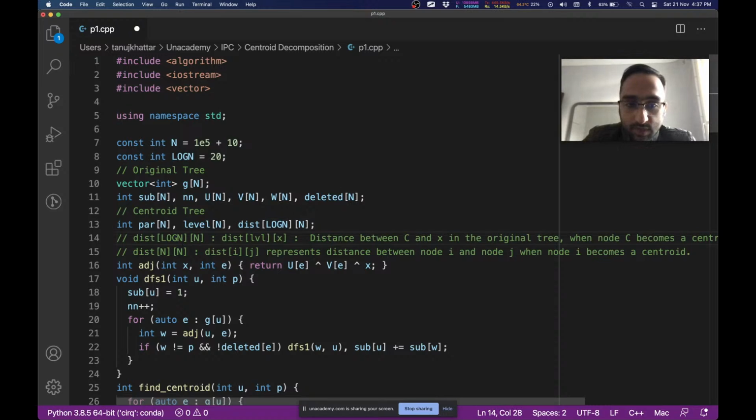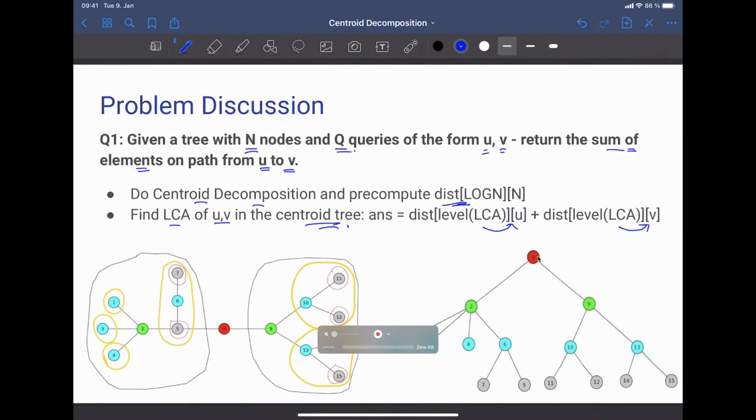Basically whenever a node becomes a centroid, it has some level in the centroid tree, and we know that any node x can be at any level only in one of the different components. If you look at this image, you see that at level 1 there are two centroids, centroid 2 and centroid 9, but any other node in the tree can be either in the component of centroid 2, or in the part of centroid 9, but not both.